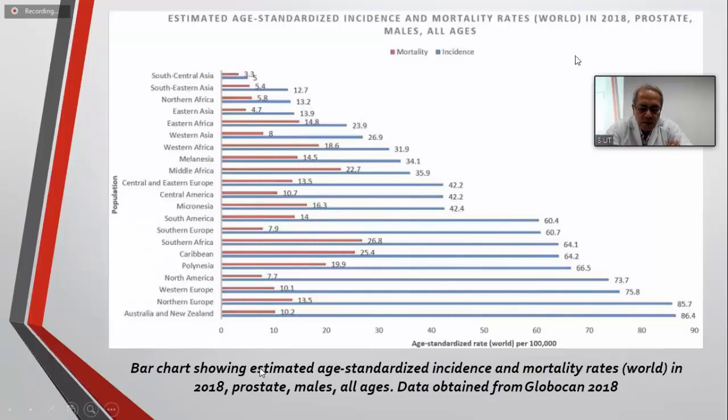Again, it's the same thing: the more you test, the more you get. Since we do not have the capacity here in Asia, particularly in Southeast Asia, and also in Africa, of doing PSA as a screening tool for everybody beyond the age of 50, we are not getting the kind of prostate cancer estimates as the West is having.